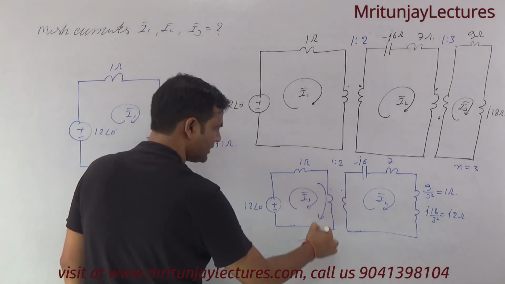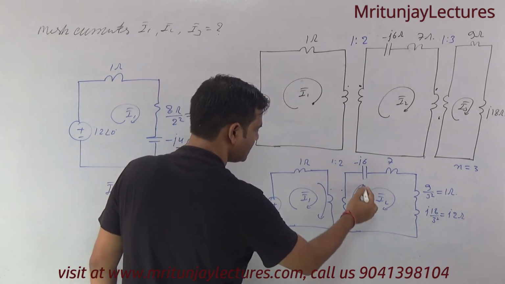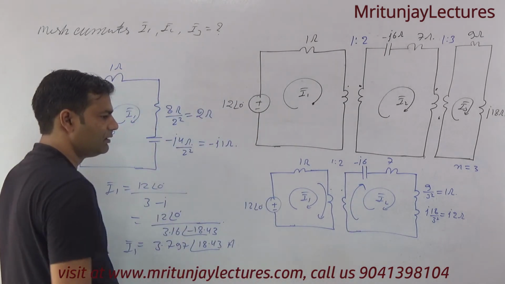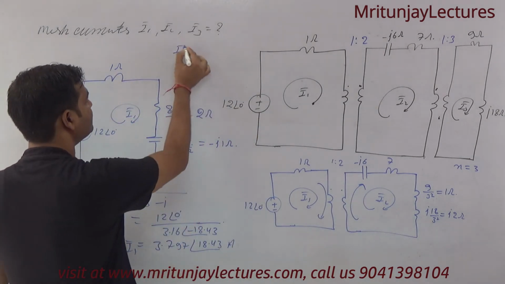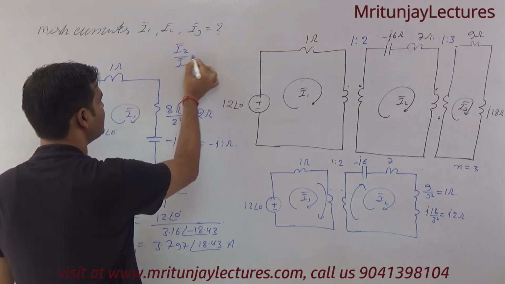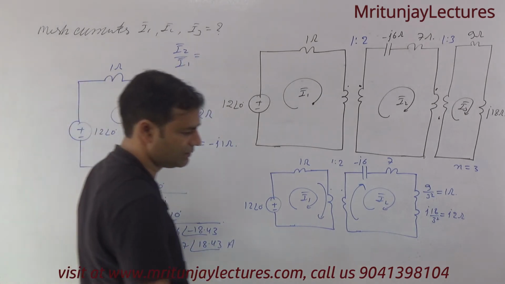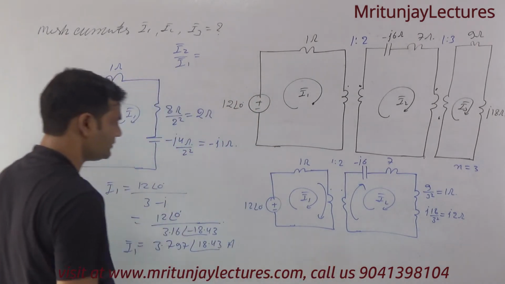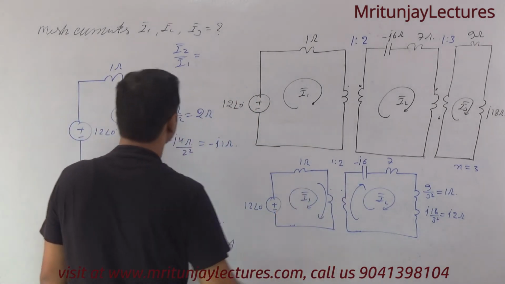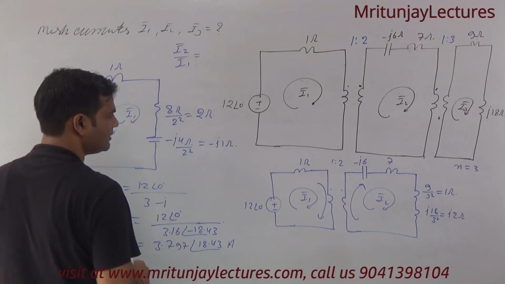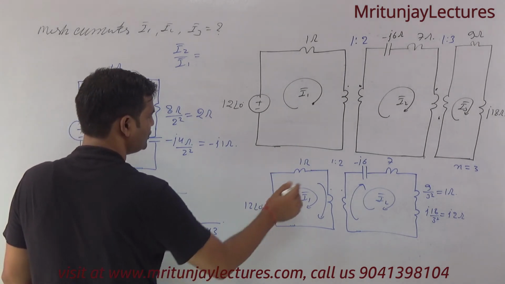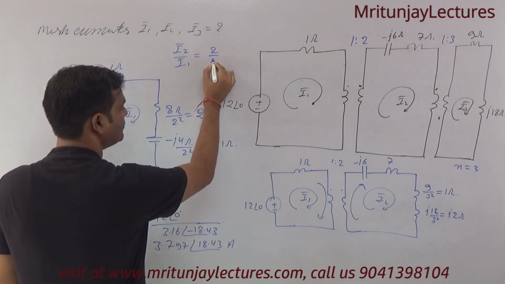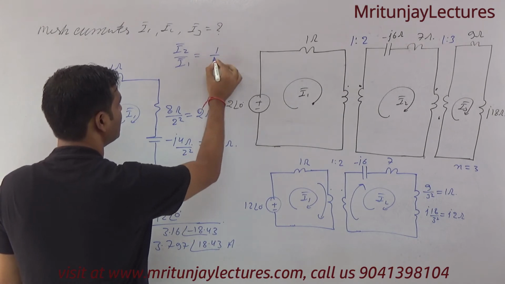This current is inward and this current is outward, meaning I2 divided by I1 is positive. Okay, according to the concept, this one is positive. I2 divided by I1 is positive, and what is the value of this one?